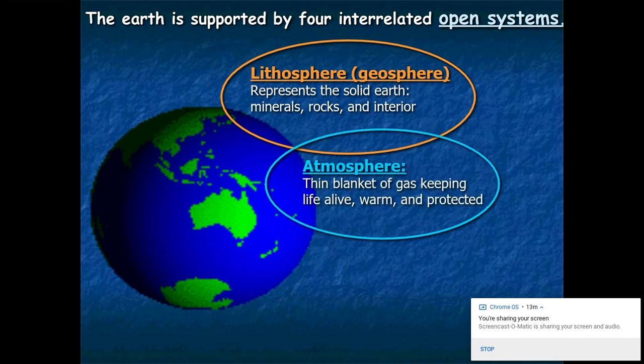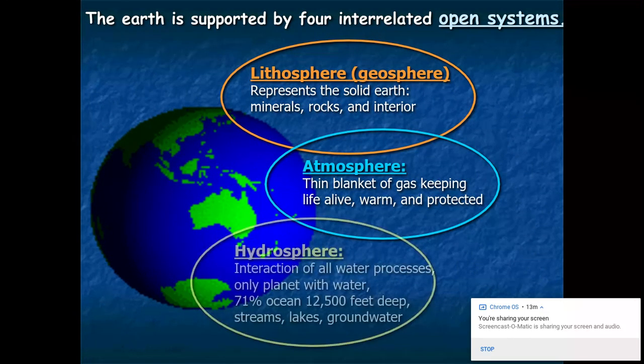The next open system represents the atmosphere, the meteorological part of the open system. And again, the atmosphere represents this thin blanket of gas, with the processes inside of the atmosphere keeping life alive, warm, and protected.